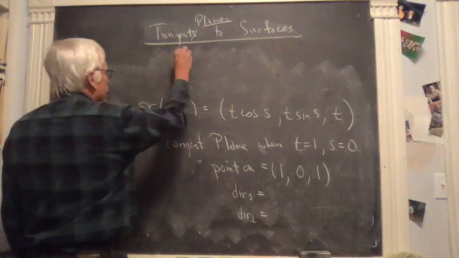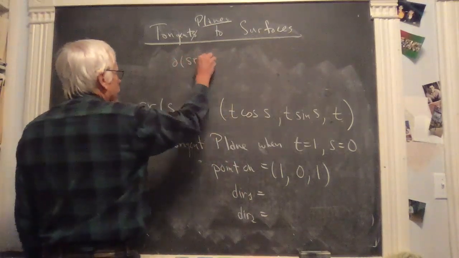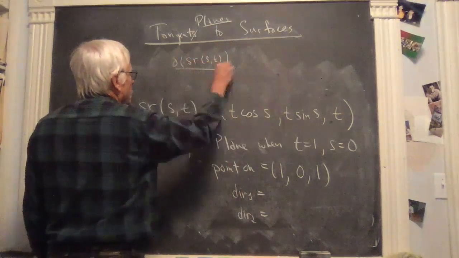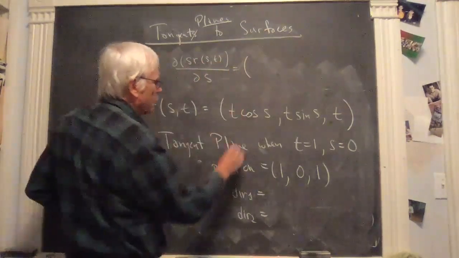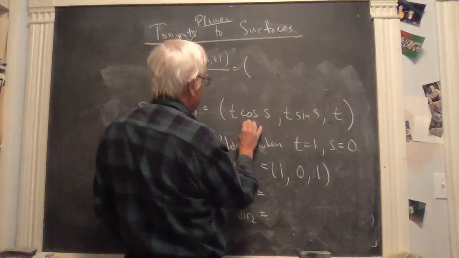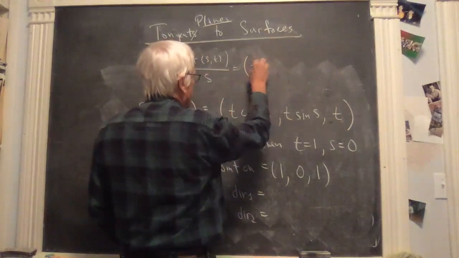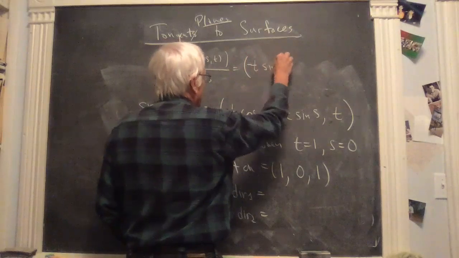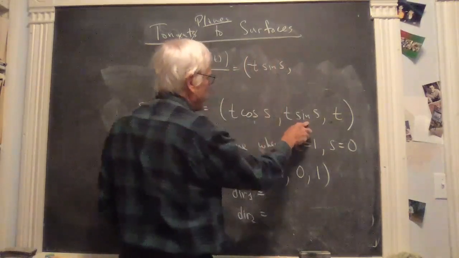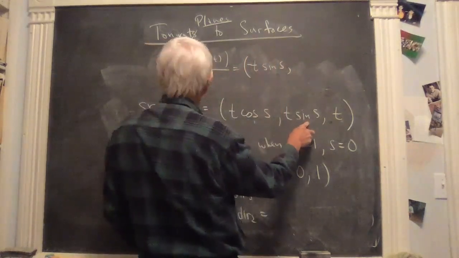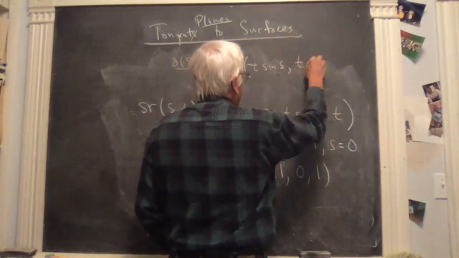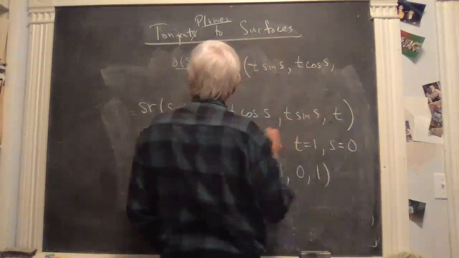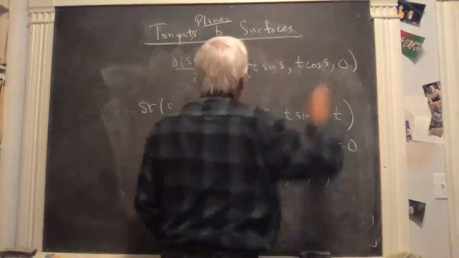So the derivative of r of S and T with respect to S, for example, is equal to the derivative of cosine, which is minus the sine. So T times minus the sine of S. Derivative of sine is cosine. And so this is T cosine S and 0.